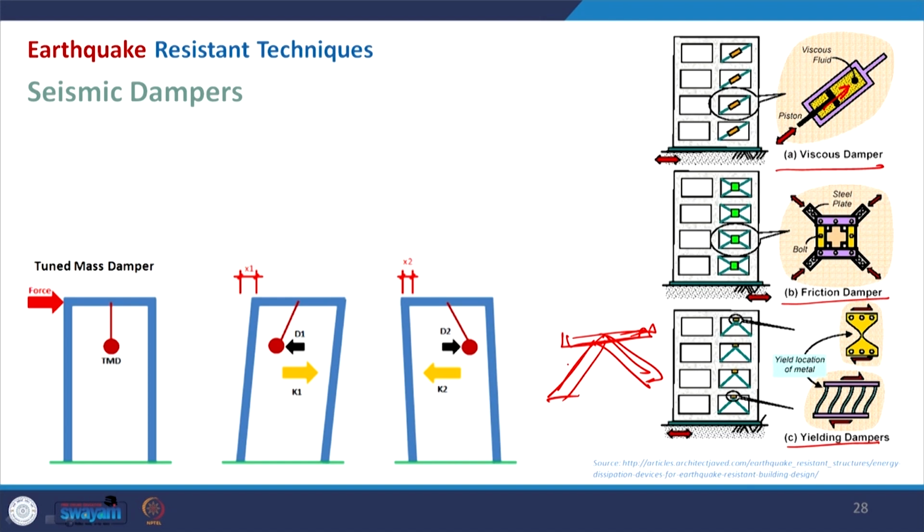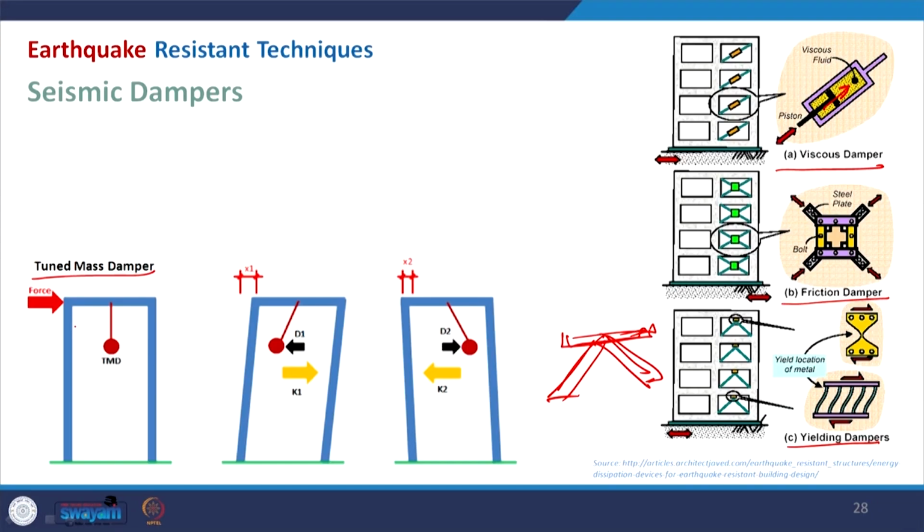But one of the very famous such dampers is called the tuned mass damper, where a heavy mass like a pendulum is tuned, and you can see that when the force is applied, the building will try to bend in this direction.